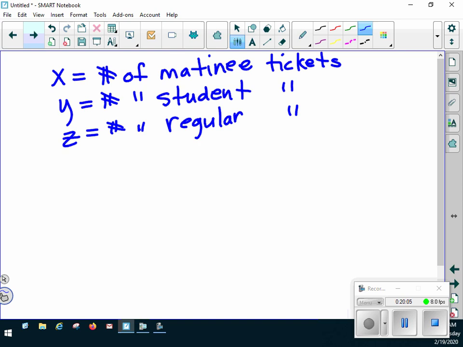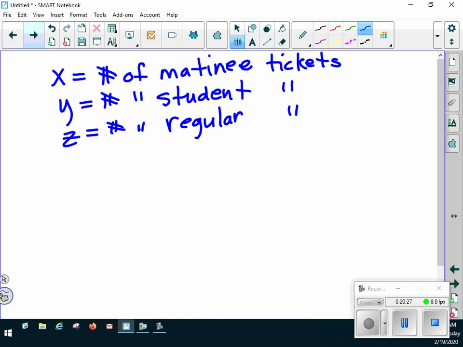Let's read the question, shall we? Let's go from the beginning. Last Tuesday, Regal Cinemas sold a total of 8,500 movie tickets. Stop. Can we write an equation? Because we know that 8,500 tickets were sold. X, Y, Z? Add them together.